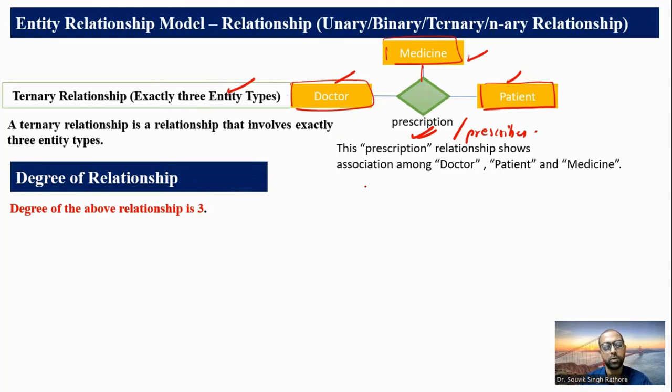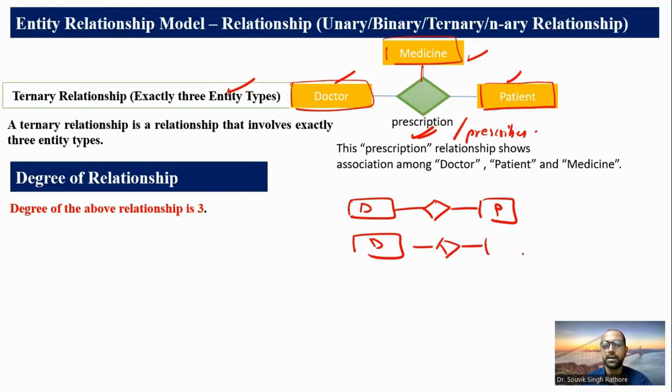You may wonder why we need a ternary relationship. Why can't we simply create separate relationships between doctor entity type and patient entity type, or doctor entity type and medicine entity type, or patient entity type and medicine entity type?